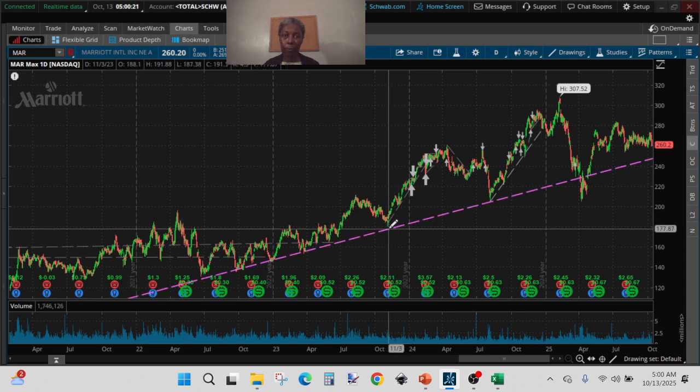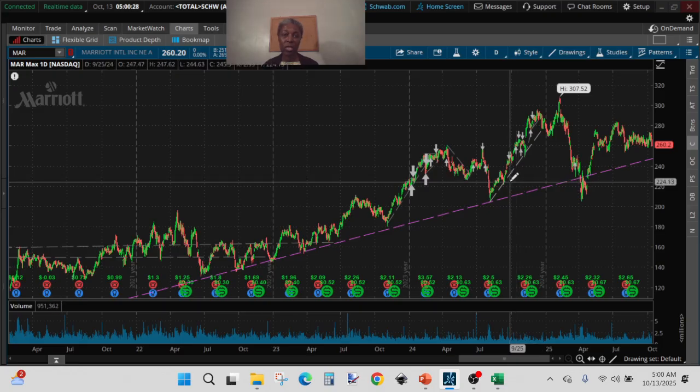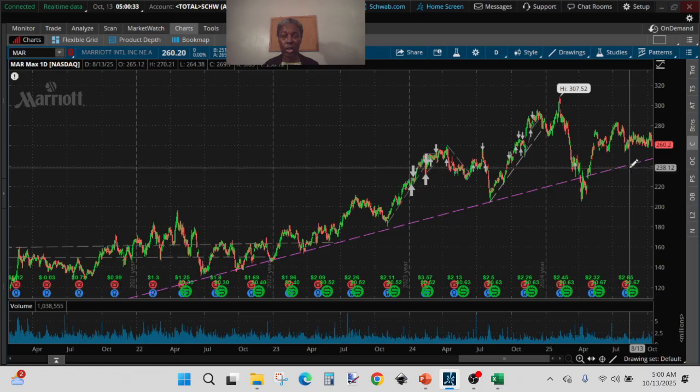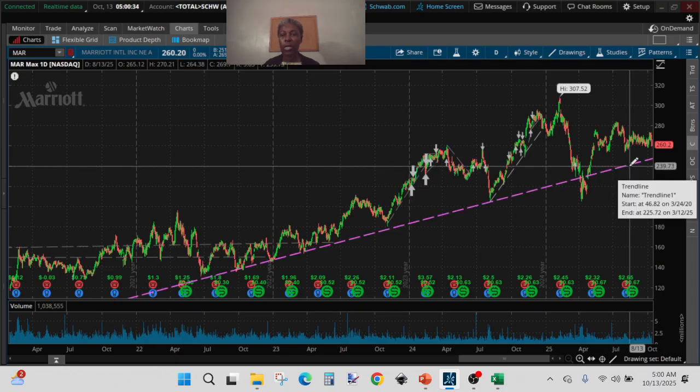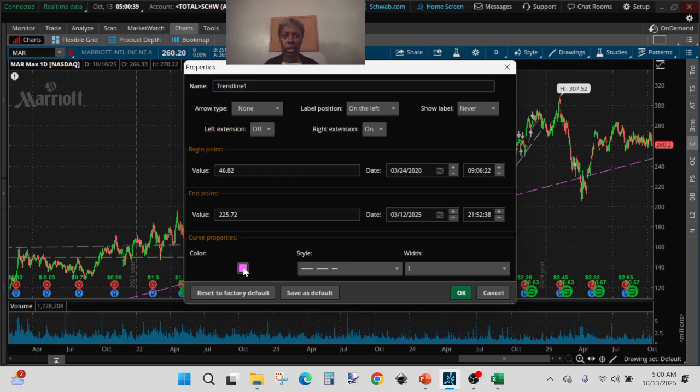Sometimes you might have multiple lines like that, and some might be longer than others. The ones you feel comfortable the price might pull back to could be 1, 2, or 3 lines. You can change the color of those lines so that you can differentiate them from the others that you don't want to buy the price on.